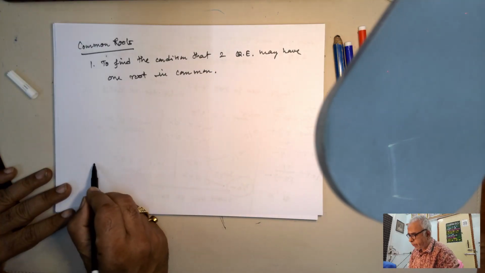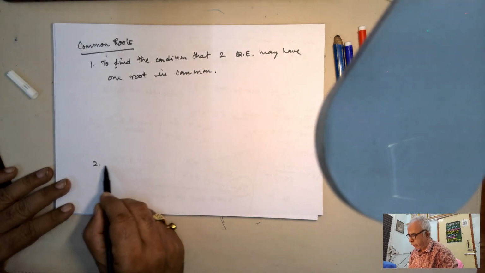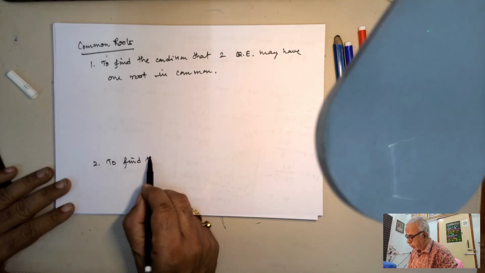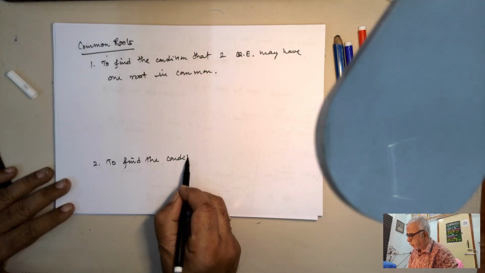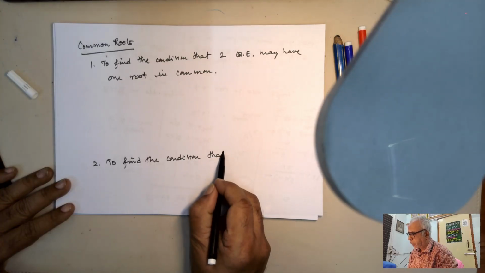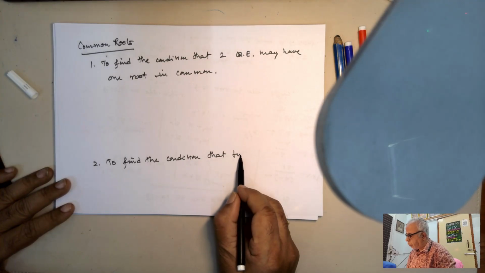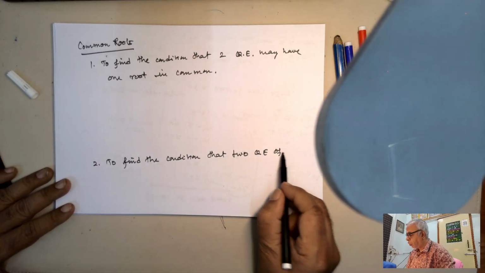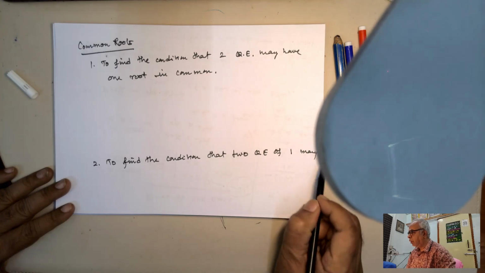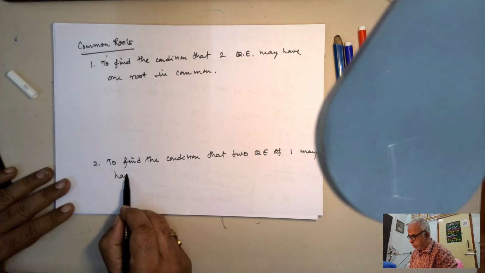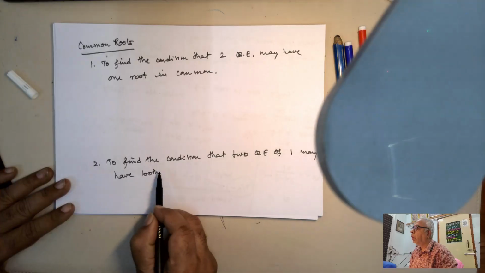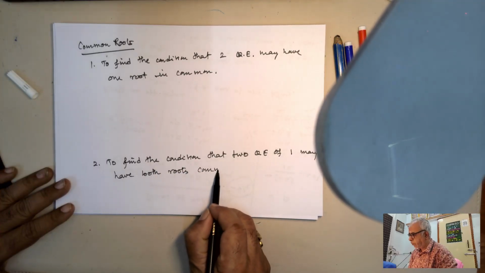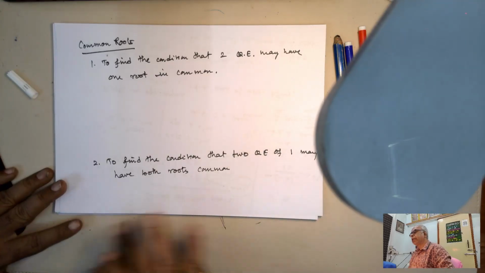Another is to find the condition that two quadratic equations may have both roots common. Let me explain.